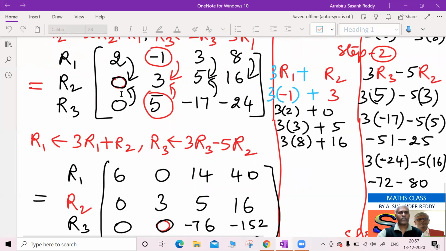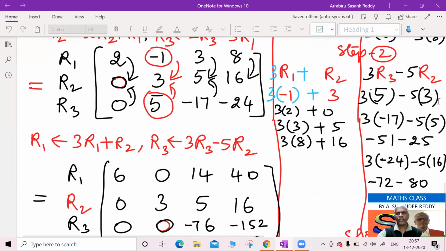And the second row has no change, right? Second row as it is, 0, 3, 5, 16. And for the third row, we have to change 5 into 0. So for that, we need to prepare a transformation, a formula. So you take 5 and 3, that is R3 and R2.